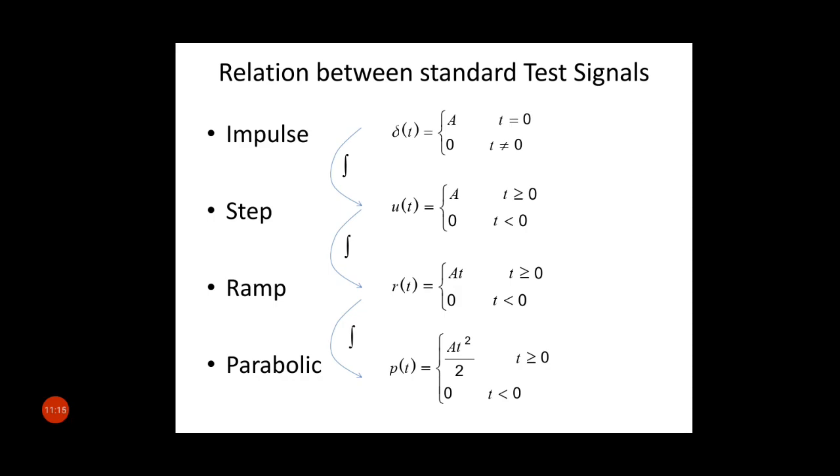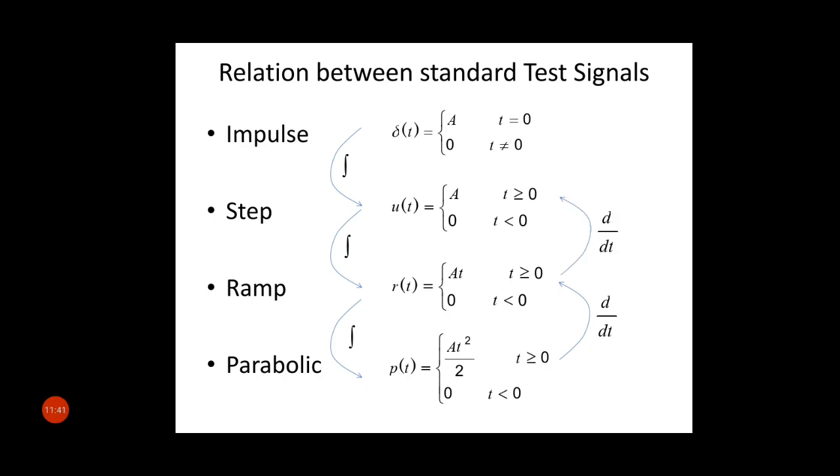So by this relation, if we want to get r of t, what will we do? We differentiate p of t, then we will get r of t.